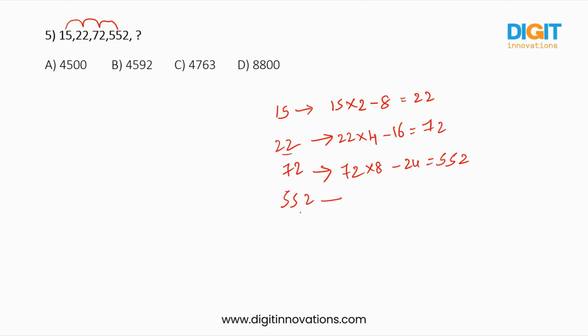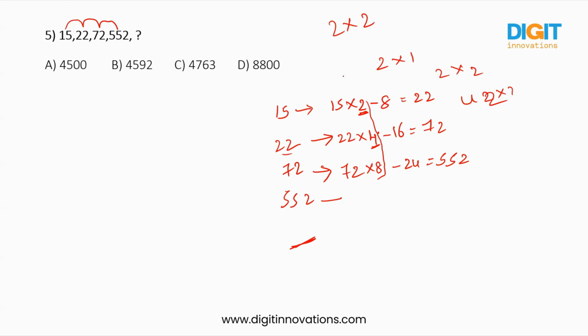Now from 552 we have to get some number. What is that number? First let us find the pattern here. The multipliers are 2, 4, 8. The difference pattern is 2, 4, and next should be 8, like this it is increasing.